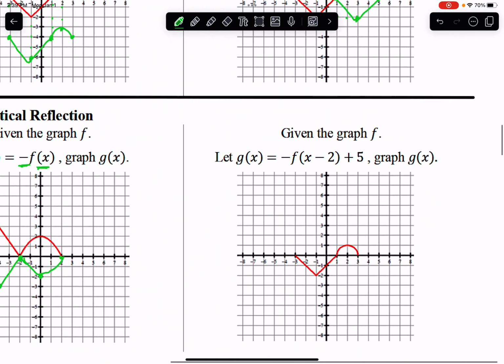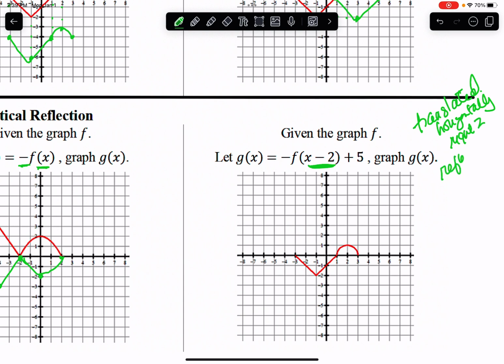Now, this one puts it all together. We're translated horizontally right 2, and then reflected over the x-axis with this negative, and then translated up 5.